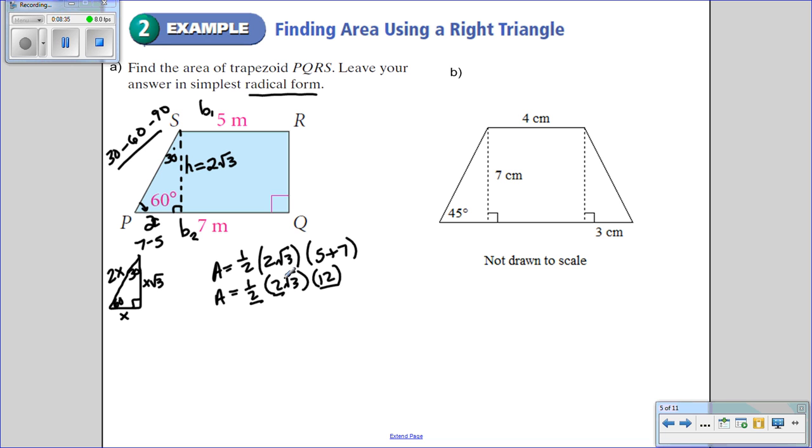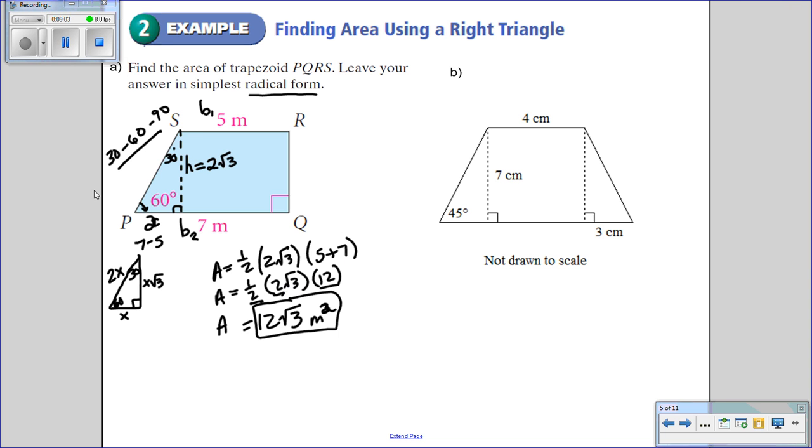I'm not going to multiply this radical 3. I'm going to leave that as a radical 3. So 1/2 of 2 is 1, times 12 is 12. Then I'm just going to plop that radical 3 on the end of it. In radical form, that would be the area. So it's 12 radical 3 meters squared.